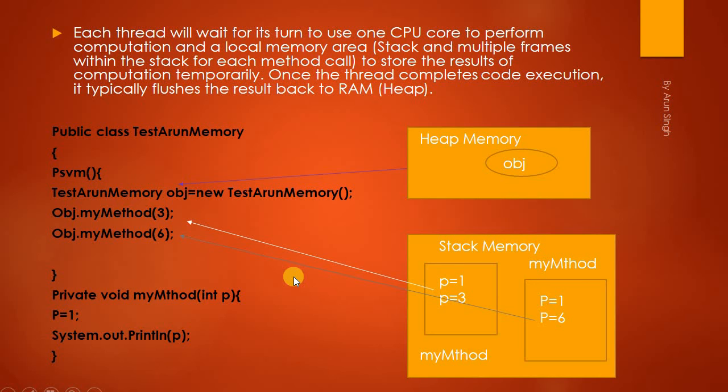In a similar fashion, when you open or start a new thread, it takes memory from the stack. Once the thread completes code execution, it typically flushes the result back to the RAM pool. That means once the thread execution is completed, your stack memory gets cleaned.